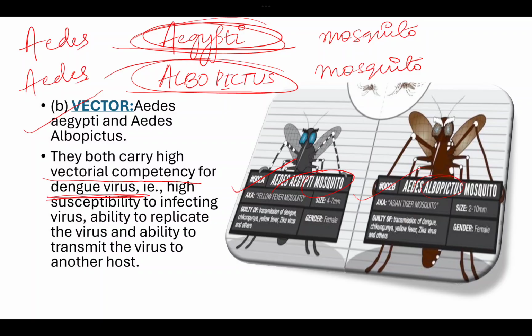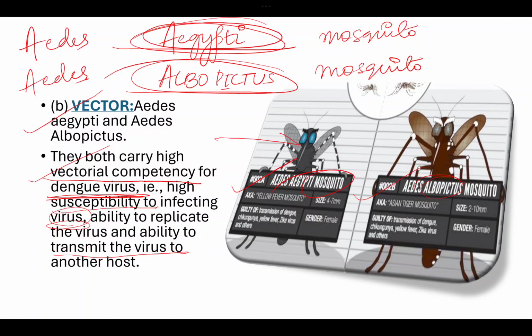They both carry a high vectorial competency for dengue virus. That is, they have high susceptibility to infecting virus. They have the ability to replicate the virus and they have the ability to transmit the virus. What are the three abilities they have?